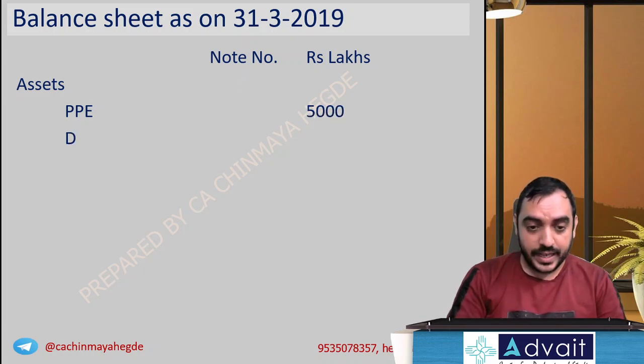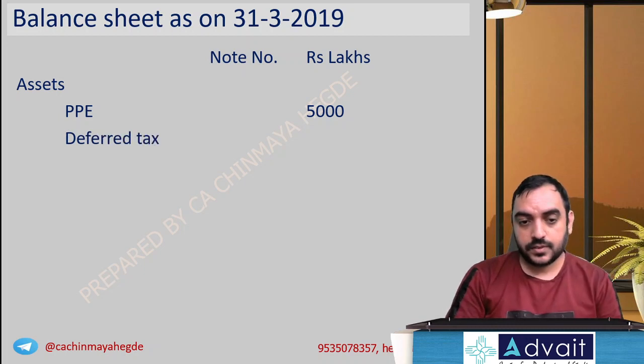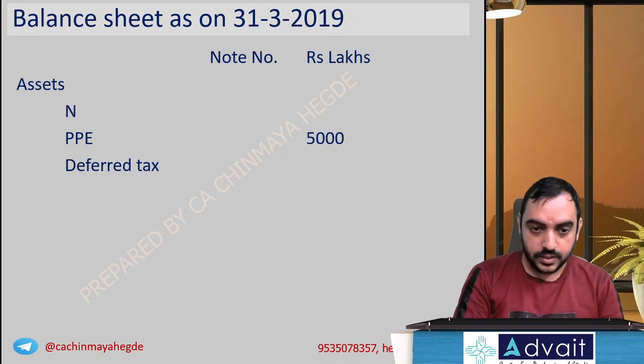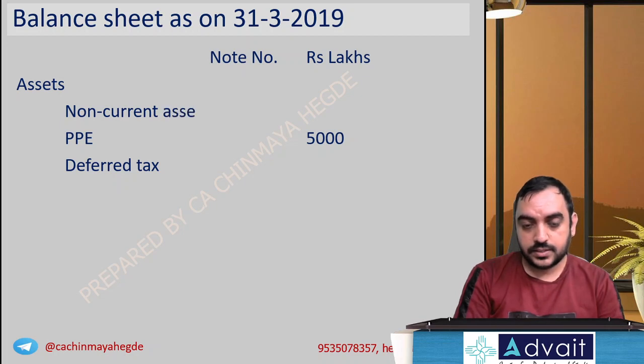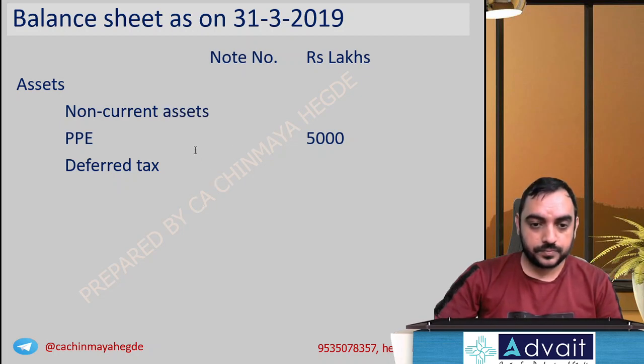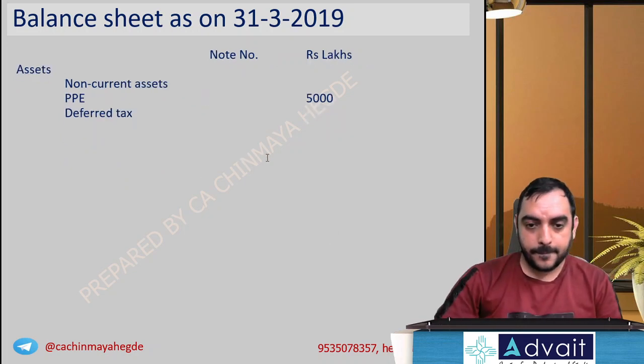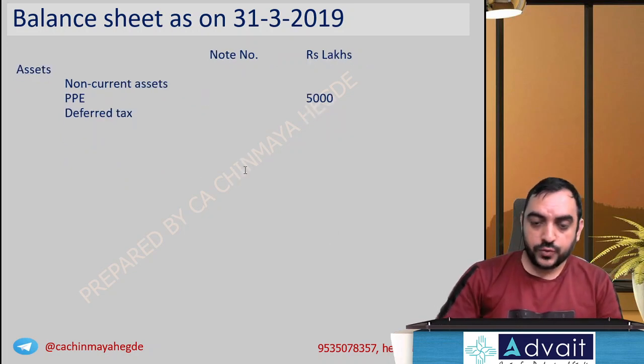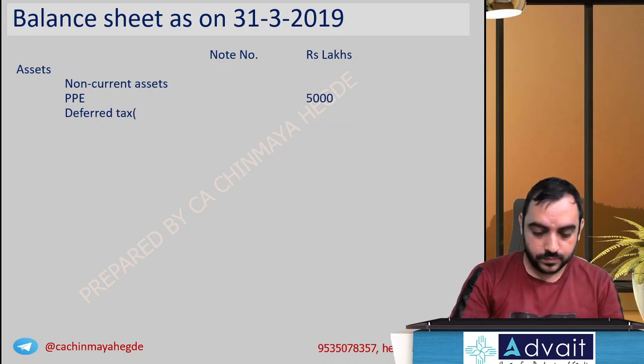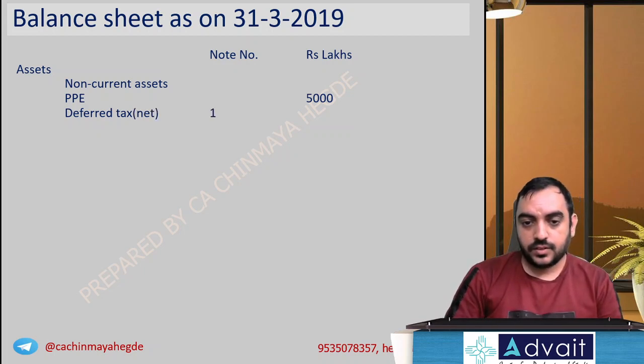Notes to accounts, deferred tax. Oh, this is actually non-current, under non-current assets. So deferred tax note also we have, net asset, which is 300.